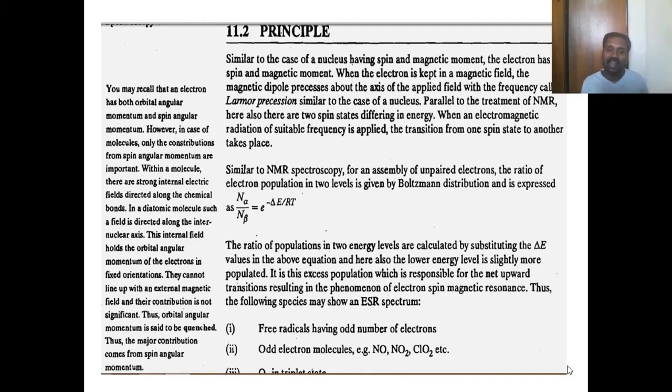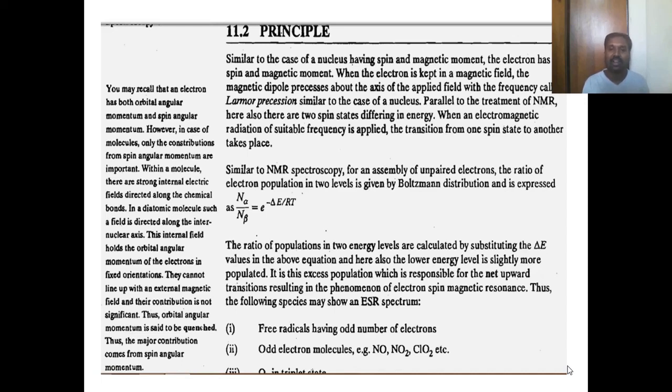The orbital angular momentum, we can conveniently keep out of the discussion when we speak of ESR. Why? Because the orbital angular momentum, we say, is quenched. What do you mean by this?